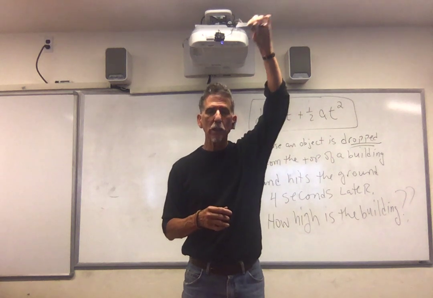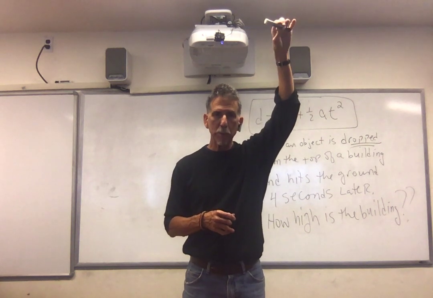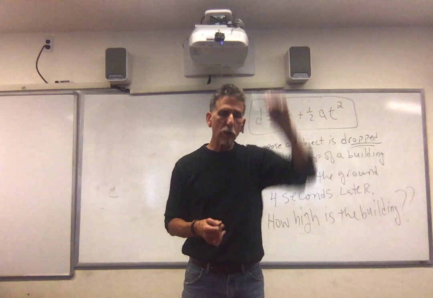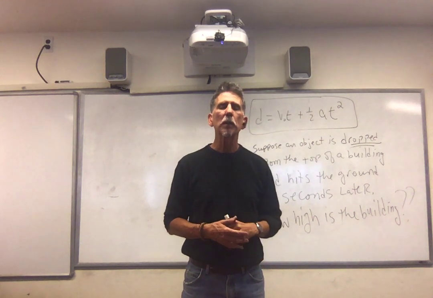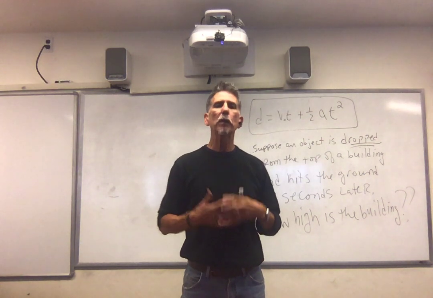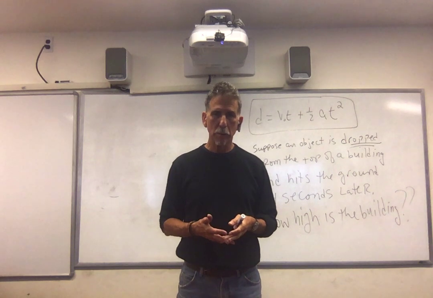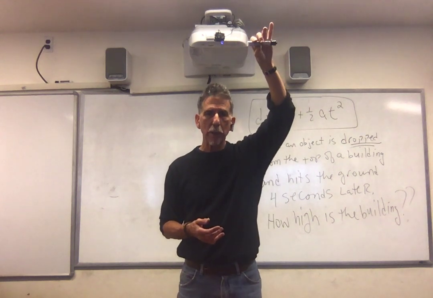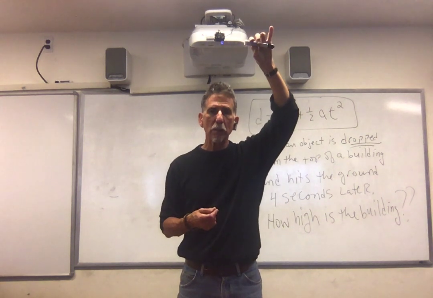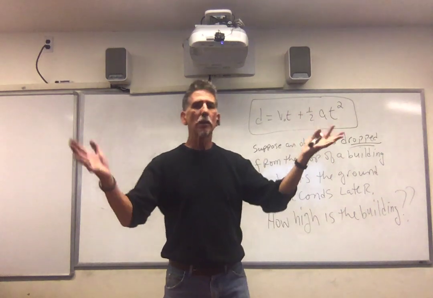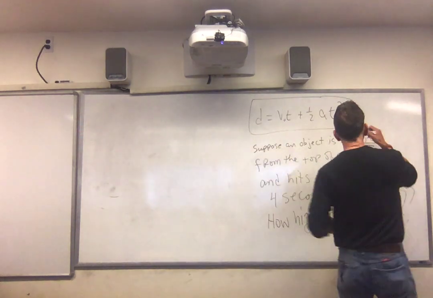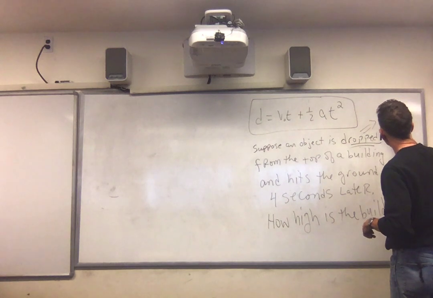Well, what is the initial speed if I drop something? Remember in the other video when I threw a water balloon down at 30 meters per second? My initial speed was 30 meters per second. Here, if I drop something, that tells me that V0 is equal to 0. Dropped mathematically means V0 equals 0. That's the initial speed.